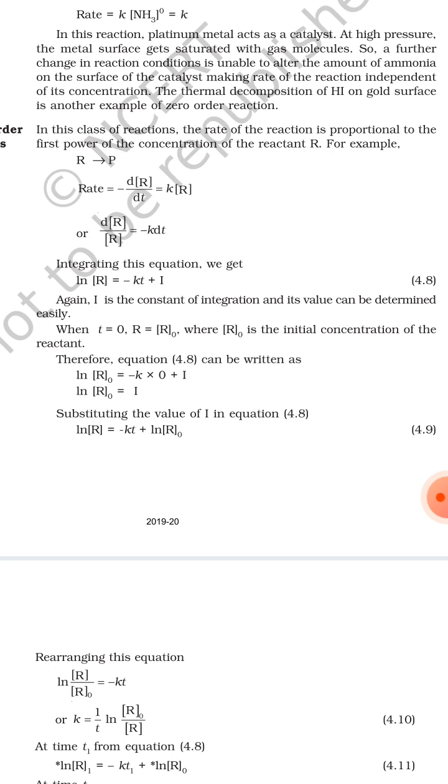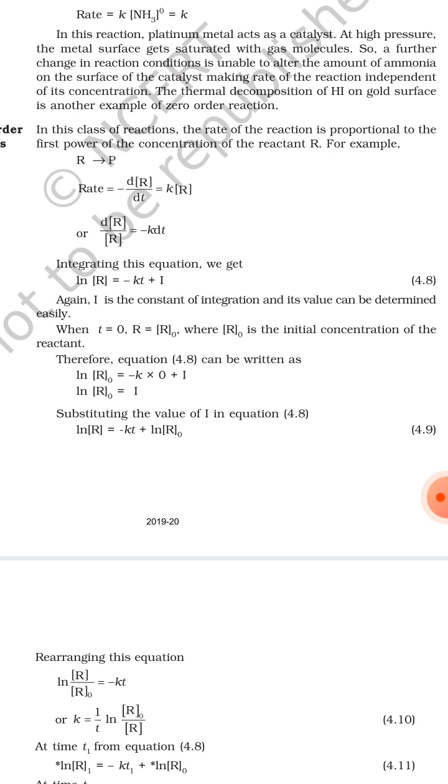Whenever there is an R within the bracket, we should always consider that it signifies the concentration of the reactant. We shouldn't assume that the bracket is there for decoration or to make the handwriting clear. It's not like that. The reason why R is in the bracket is because it signifies that this is the concentration of the reactant.